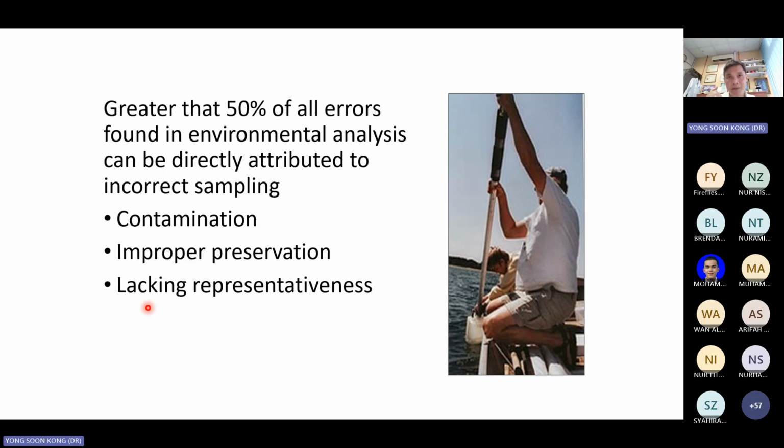Quite tricky, isn't it? You can't really sit on one spot, collect the sample in that spot and claim that you represent the entire river. That is not possible. Because by right, you have to collect as many samples as possible, kan? And as widely distributed as possible.